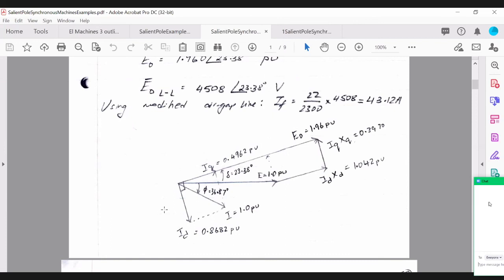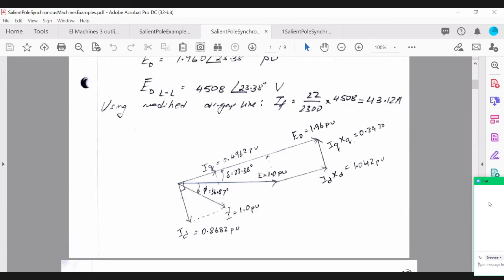Now you have all these values to determine your Id, Iq. This phasor diagram is in per unit, and I've determined Id Xd and Iq Xq. It requires quite a bit of calculation.